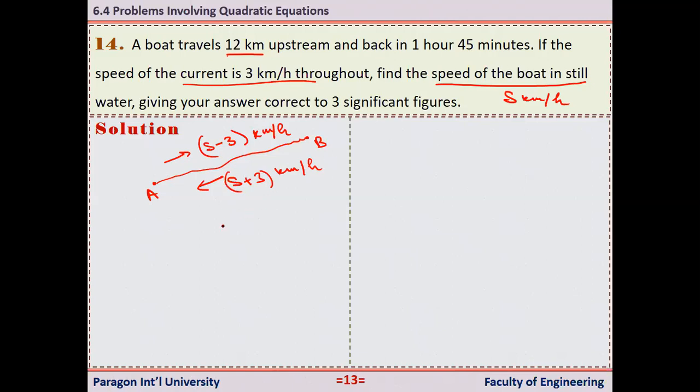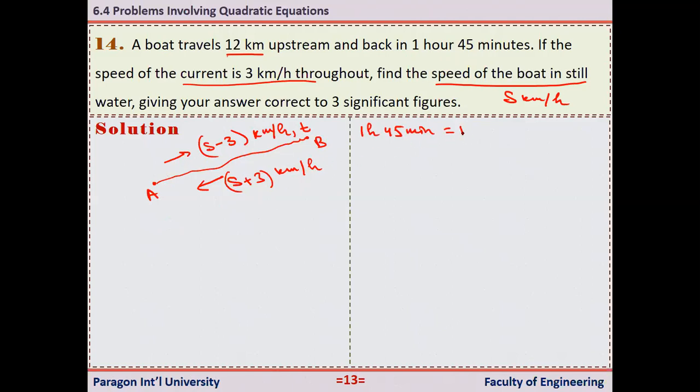The total time. So when it is traveling upstream, the time taken is, let's say, t. When it is traveling downstream, the time will be 1 hour and 45 minutes. Since speed is given in hours, we have to convert this into hours.